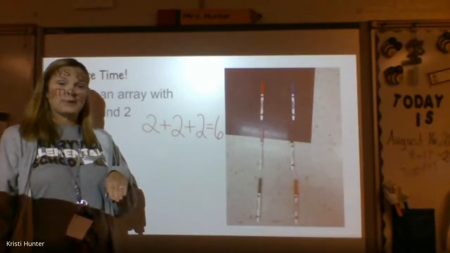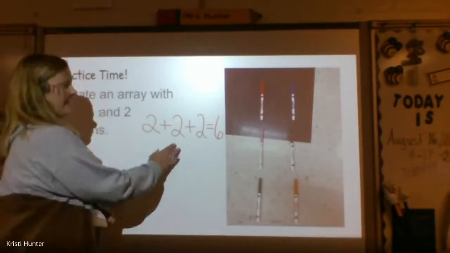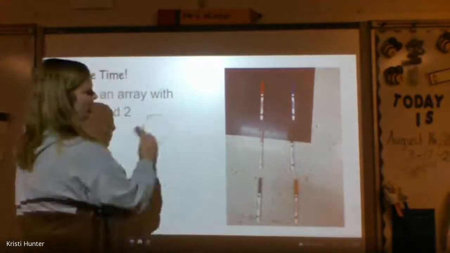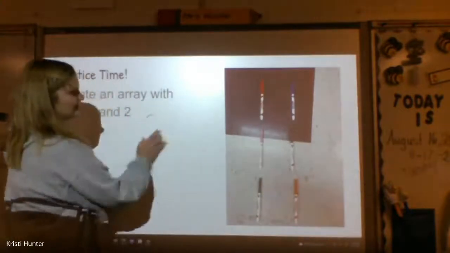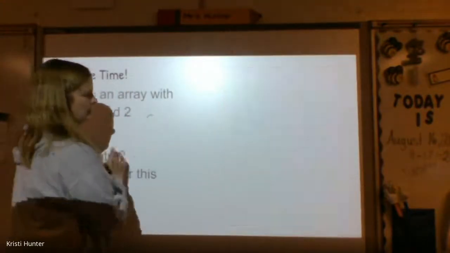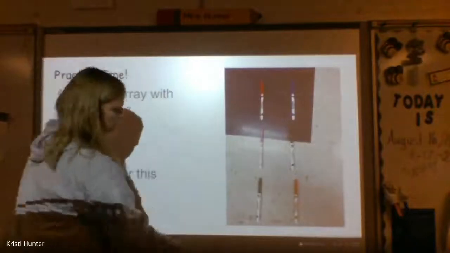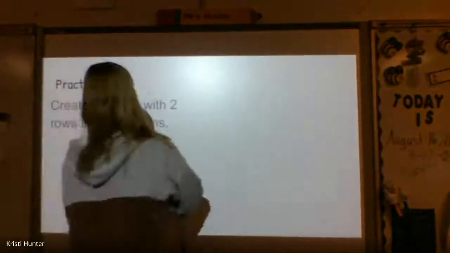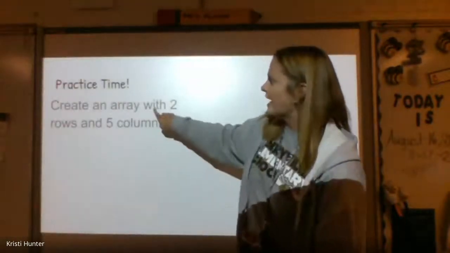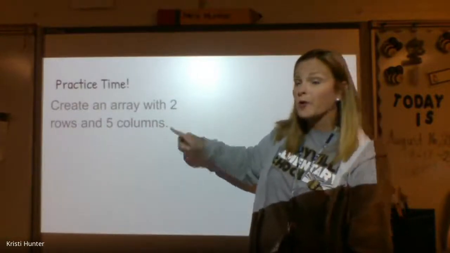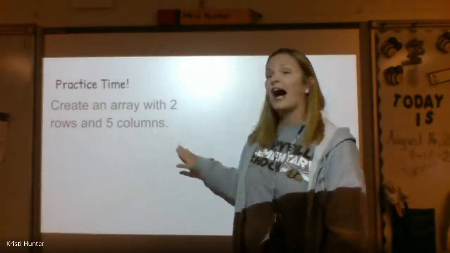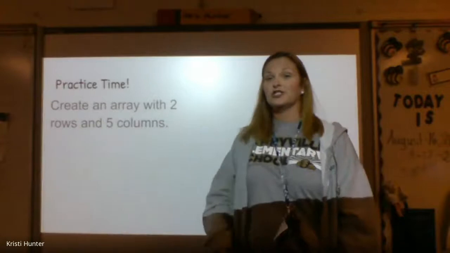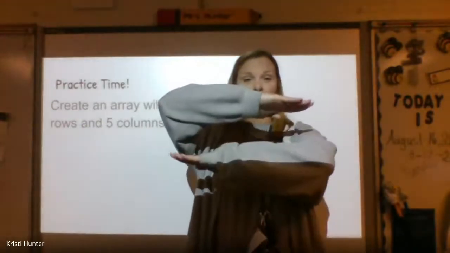Right? Let's try another array here. This time it says create an array with 2 rows and 5 columns. So 2 rows. So 1, 2.